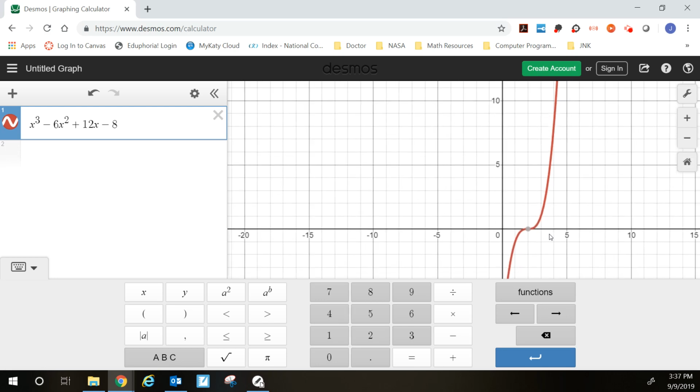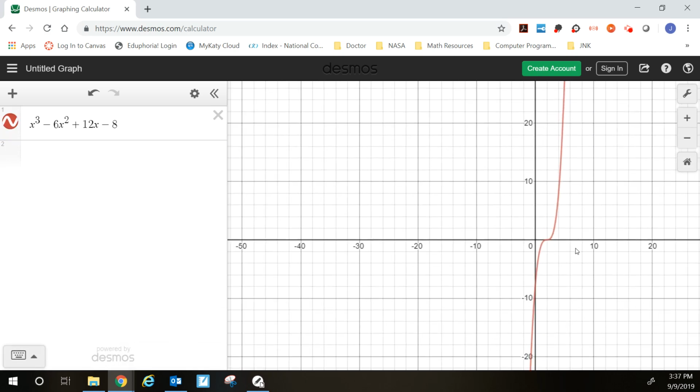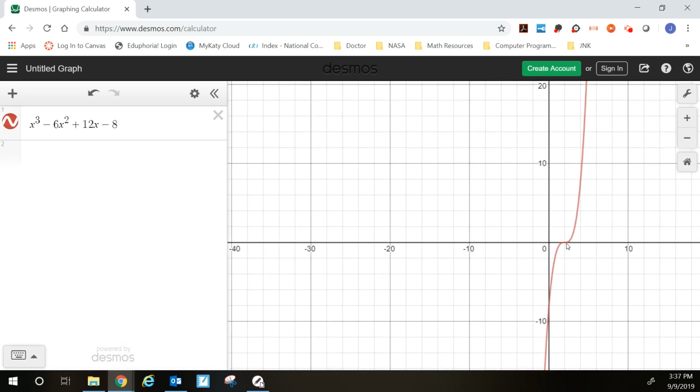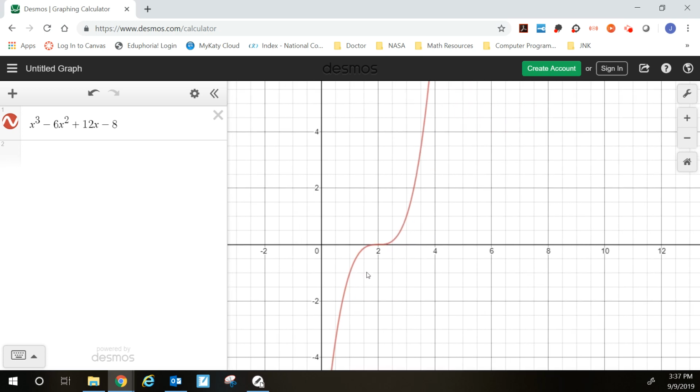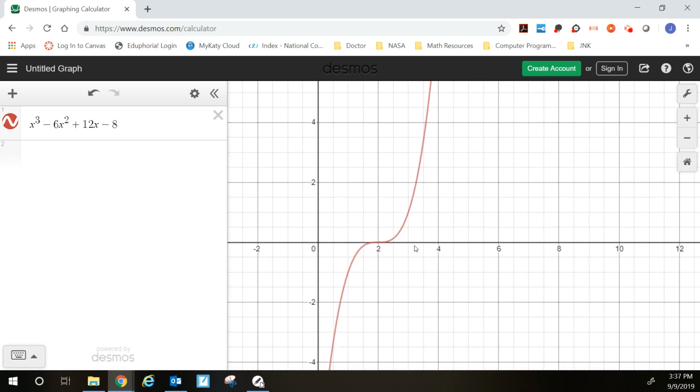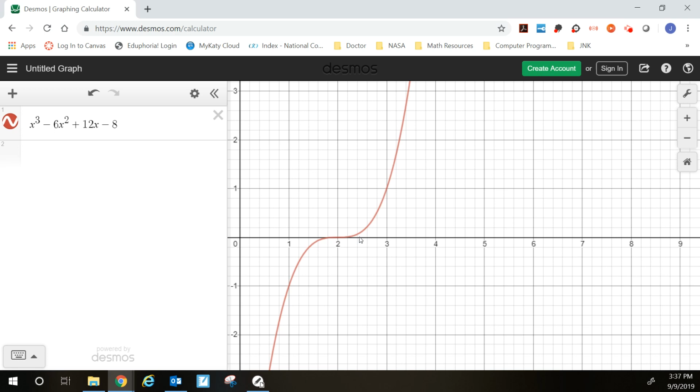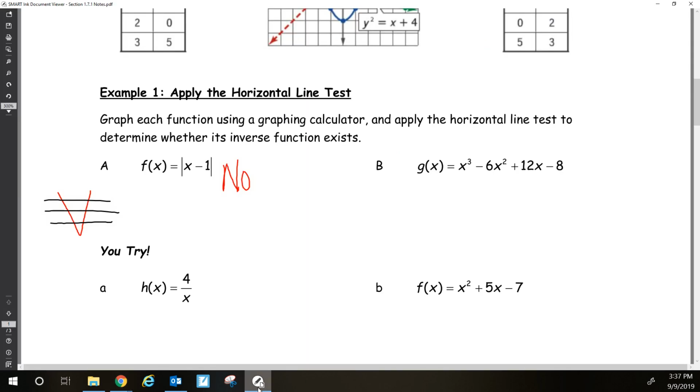And this one looks like it's just a nice, real pretty cubic, nothing special happening. We can zoom in real close to that 0, see if anything's happening there. Does not appear to be. So this one looks like it would qualify to have an inverse function. All right, so an inverse exists for B, but did not exist for A because it didn't pass the horizontal line test. Go ahead and pause the video.